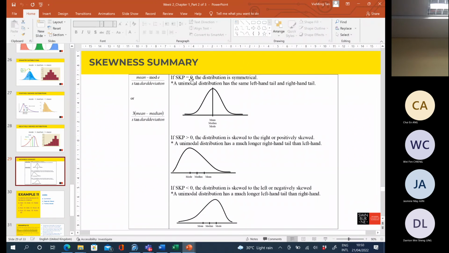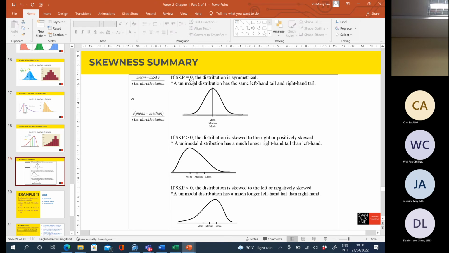That means the data distribution is symmetrical, a bell-shaped curve, whereby the left-hand side of the area is exactly equal to the right-hand side of the area.